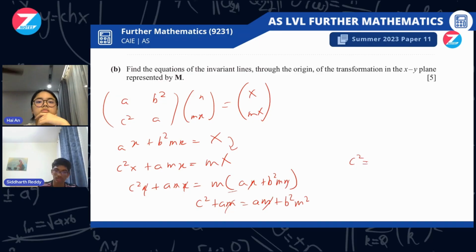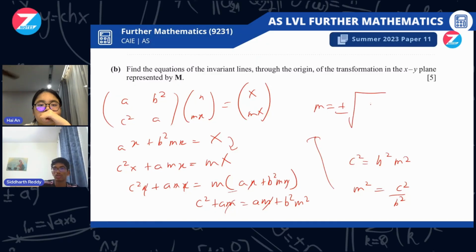So c squared is equal to b squared m squared. So m squared is equal to c squared by b squared. So m can be equal to plus minus root of c squared by b squared, which is just plus minus c by b.